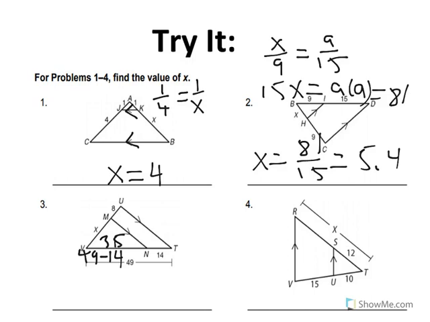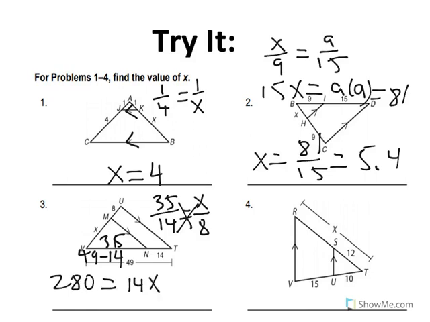So we can say that 35 over 14 equals x over 8, and then use our cross product. So we have 35 times 8 is 280 equals 14 times x. To solve for x, we take 280 divided by 14, so it gives us 20 equals x.